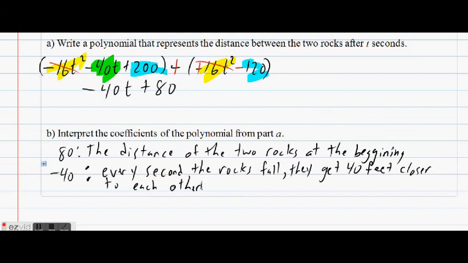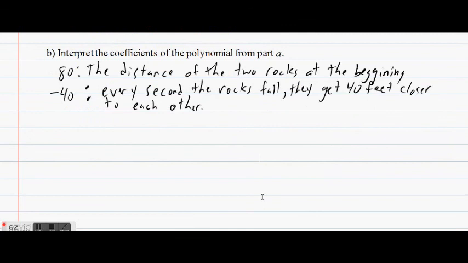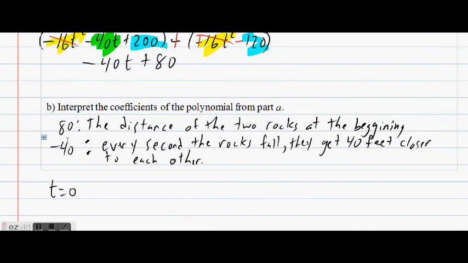And just to show you what that means, let's say t equals 0. At t equals 0, remember our polynomial, negative 40t plus 80.